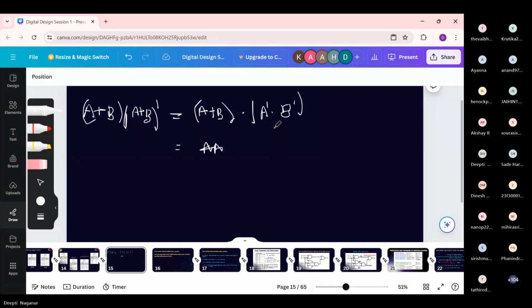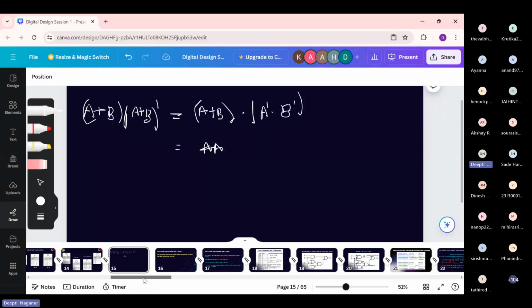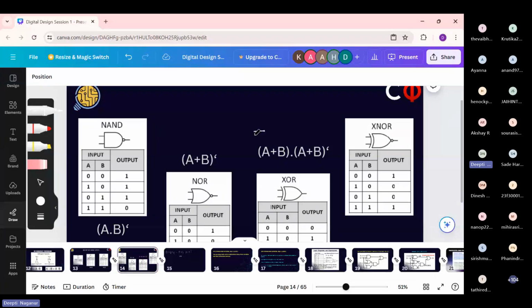Just a second. There is some error, but just know that this basically simplifies to AB prime plus A prime B.